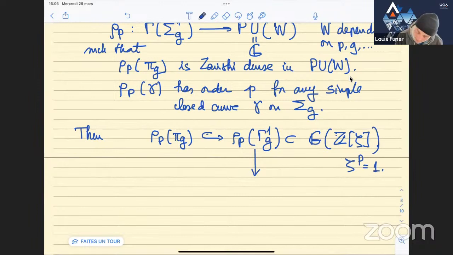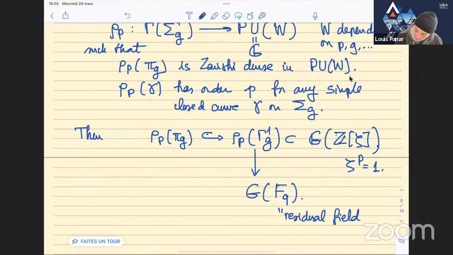And I'm taking here the reduction into G, taking reduction modulo a prime ideal, and the residue field is some Z zeta modulo some prime ideal.